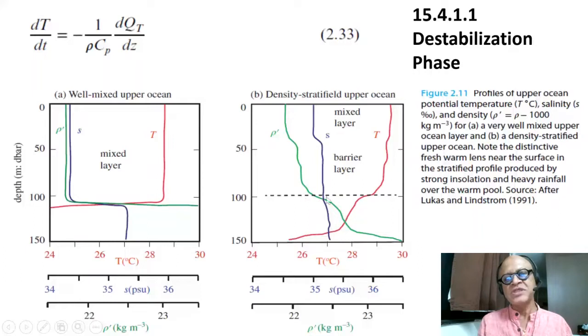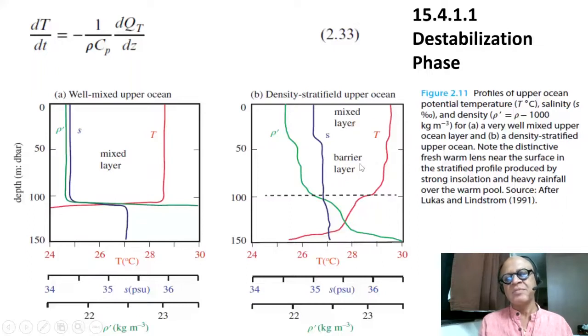So you end up with this temperature gradient, but a very different salinity stratification. This is critical because when entrainment happens, in this case, if this is the mixed layer here or the isothermal layer or the isopycnal layer, then when entrainment happens here, you will be mixing water that's similar density, so you will not cool the surface.